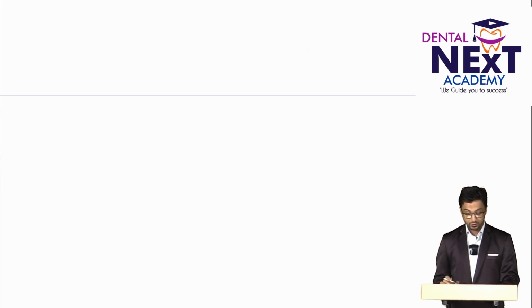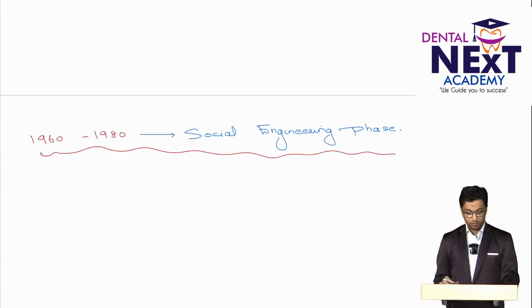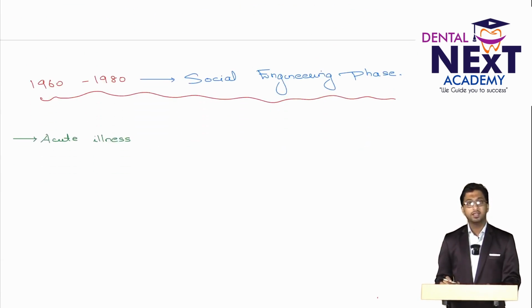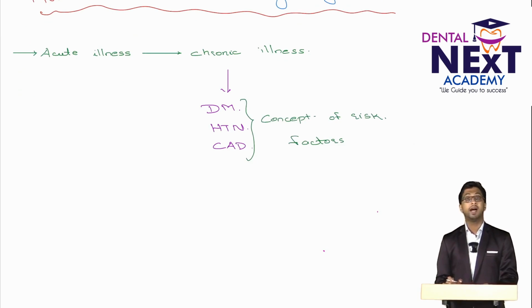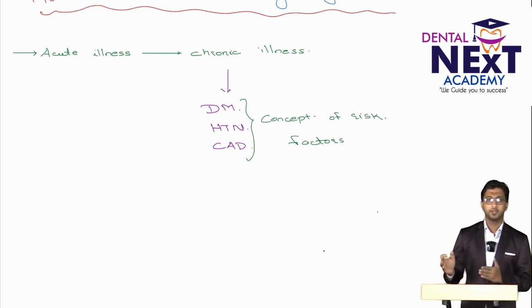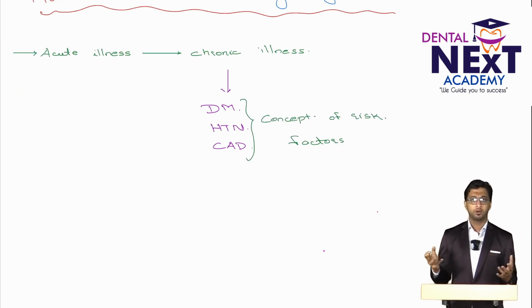Now, what is next? Social engineering. Why that? Acute illness initially then gave rise to chronic illness like diabetes mellitus, hypertension, then coronary artery disease, all these. So based on these, there came a concept called risk factors. Till now, with infectious diseases, there were microbes and all those.